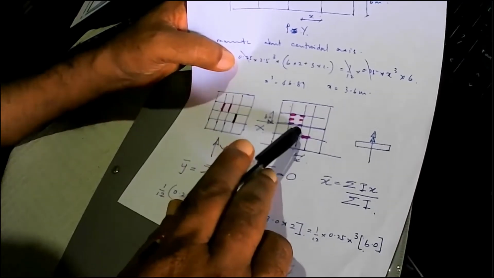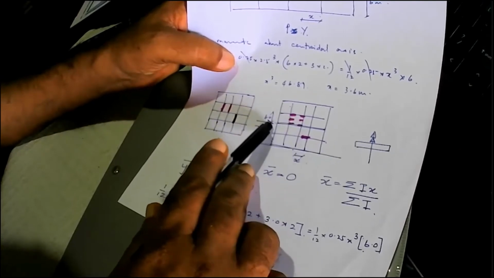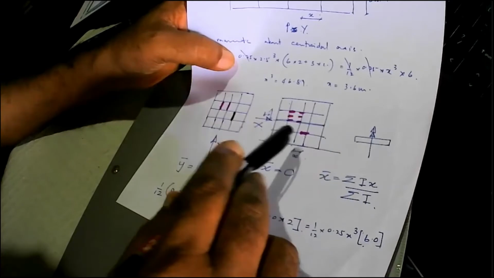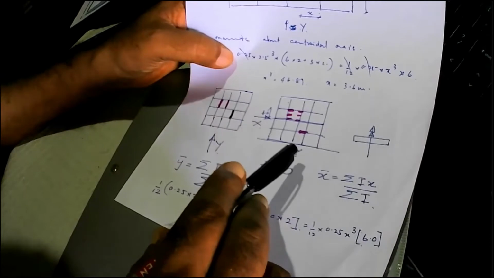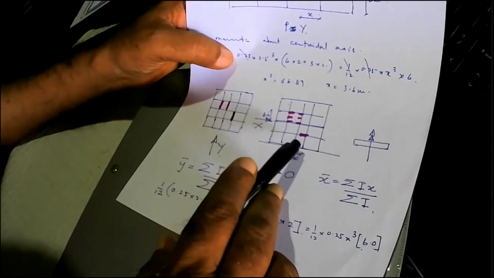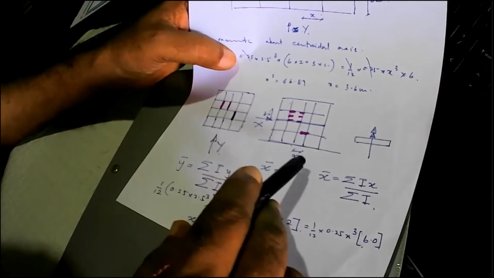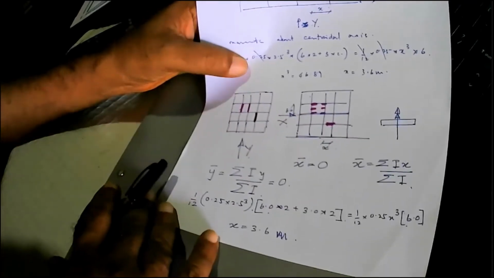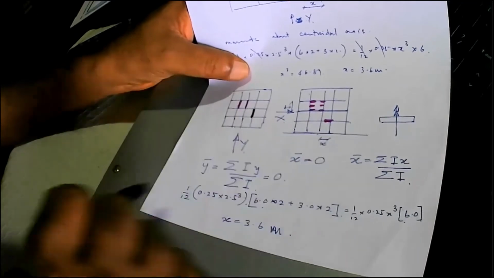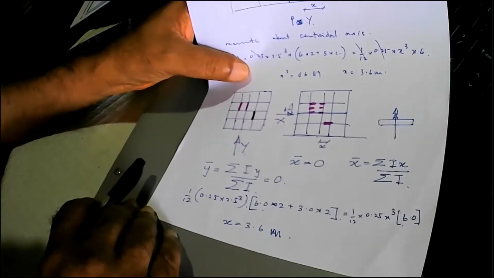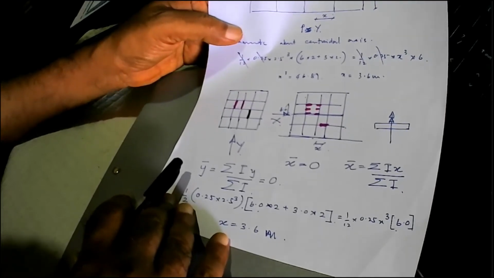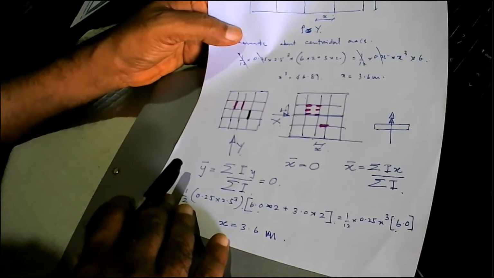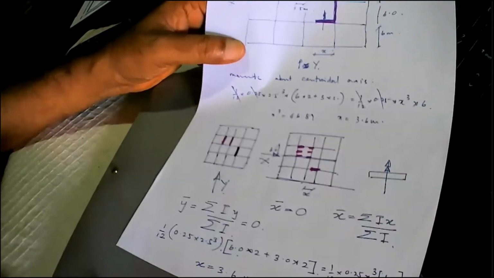And to make that happen, we actually took the moments about the centroidal axis, and then we found the distance needed, or the length x needed for this particular wall to balance all the walls, and we found that it is equal to 3.6 meters. And we have considered that all these walls are 0.25 meters of thickness.